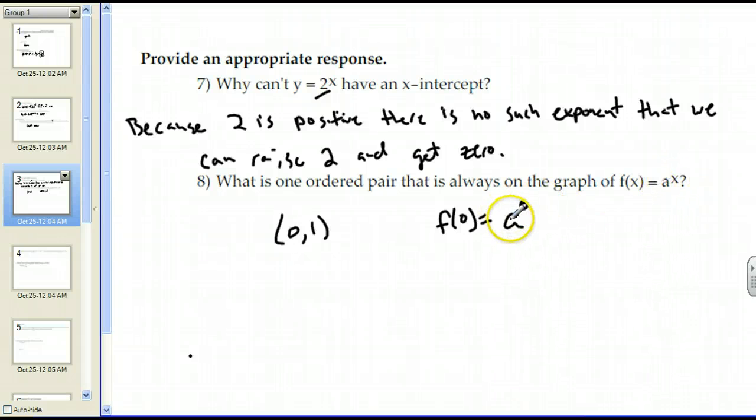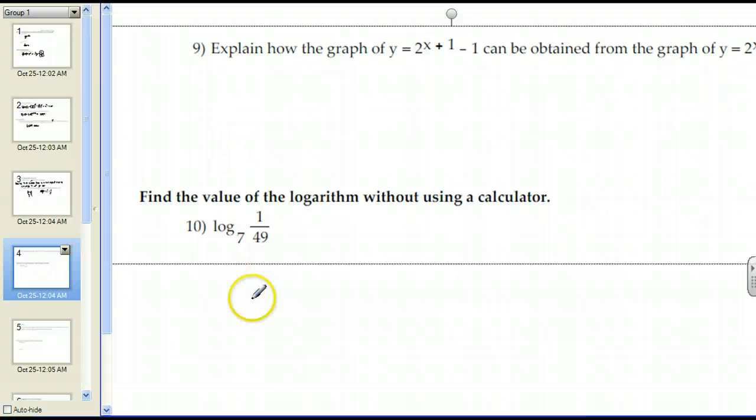That's the only restriction to this rule, but any other number to the 0 power is equal to 1. So the input is 0, the output is 1. So 0, 1 is going to be on it no matter what a is.